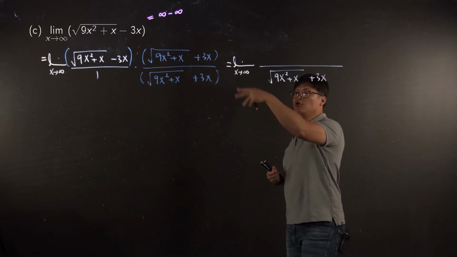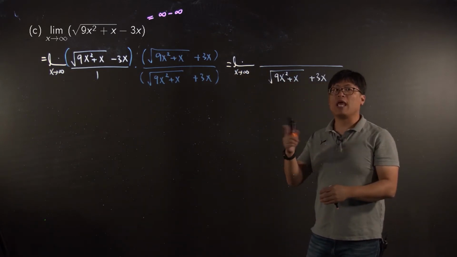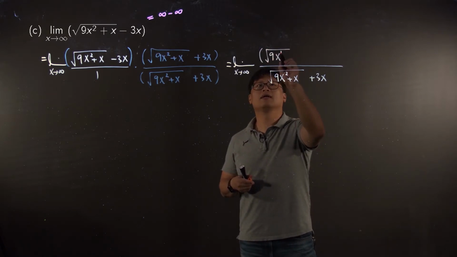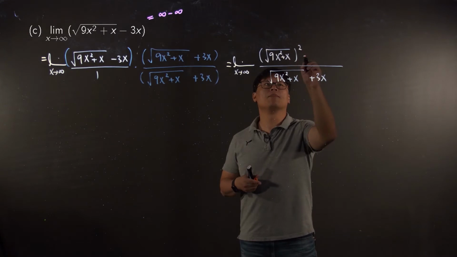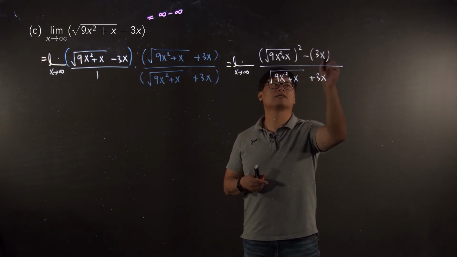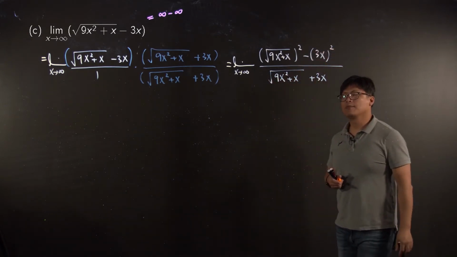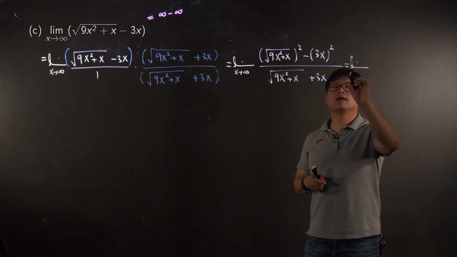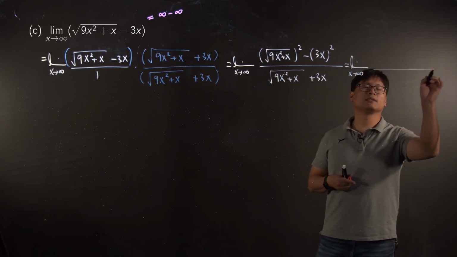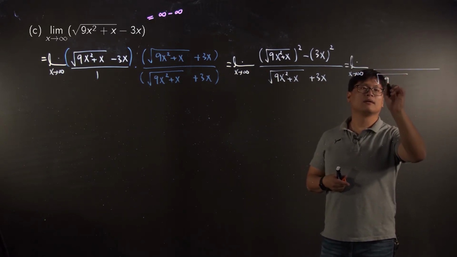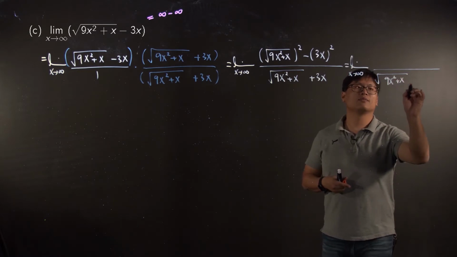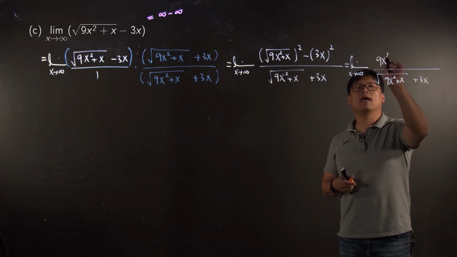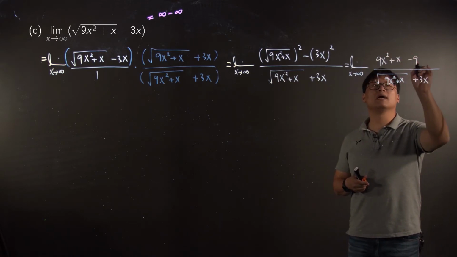Numerator. You can just simplify it, a plus b times a minus b, right? So which is 9x squared plus x minus 9x squared.